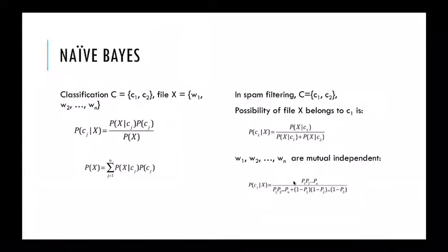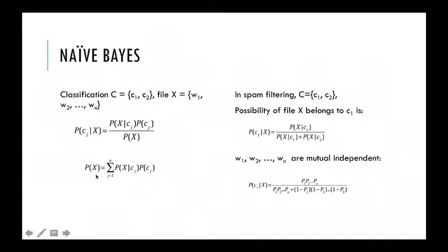And for each email, which in this case is a file X, has n features from W1, W2 to Wn. And the posterior possibility of the file X belongs to classification C, Cj is shown here.